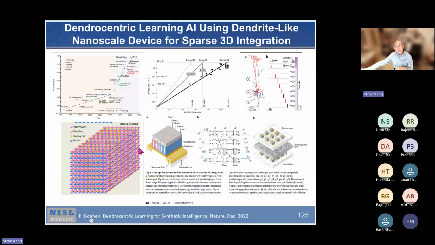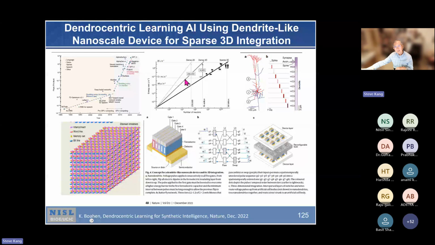So this is sort of one snapshot. Essentially, you want to reduce energy. So you have a dense 2D array, dense 3D array, and a sparse 3D array will approach, eventually, human level, with the number of neurons at almost 100 billion.